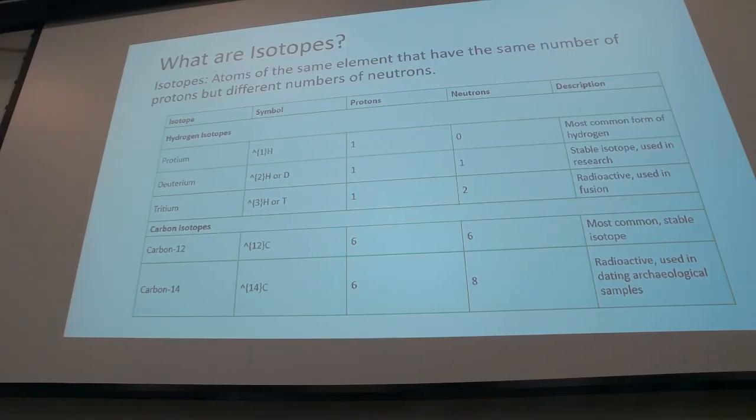Now, within certain elements, there are certain atoms that have a different number of neutrons. When they have this different number of neutrons, the nucleus of this element becomes unstable. And it will emit energy particles until it reaches stability.